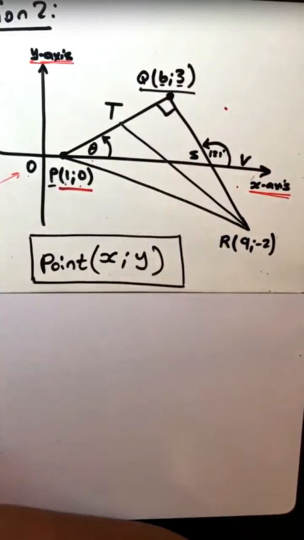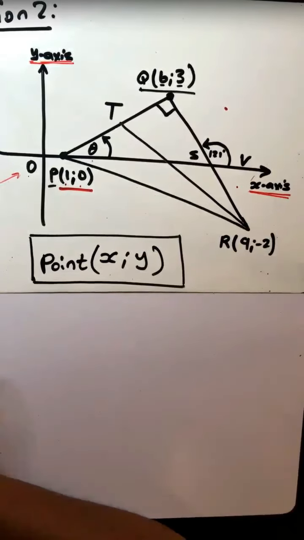So now let's proceed. And R, which has got the coordinates of 9 and negative 2. So these are the vertices of a triangle such that PQ is equals to QR and PQ is perpendicular to QR. So let's see.